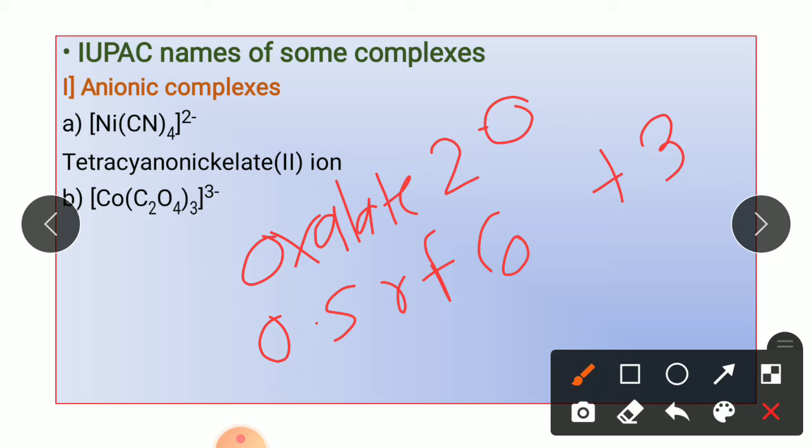Since it is an anionic complex, the name of cobalt will be written as cobaltate. So the name will be trioxalatocobaltate(III) ion.